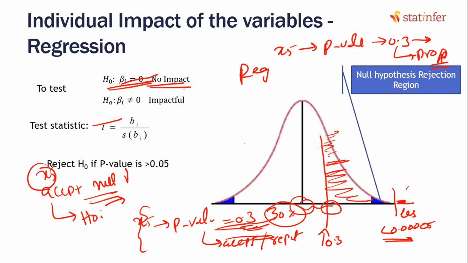If the variable is not impactful, what will you do with X5, drop or keep? We will drop it. So here also we are dropping only. In fact, that is nothing but this same process. Whatever we discussed happens in the background.